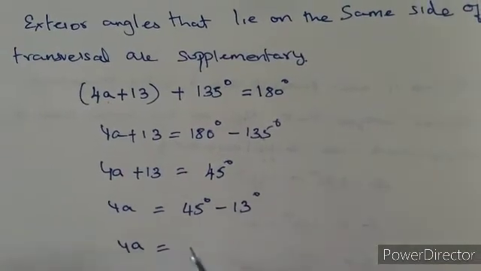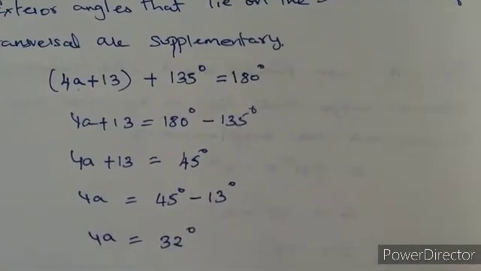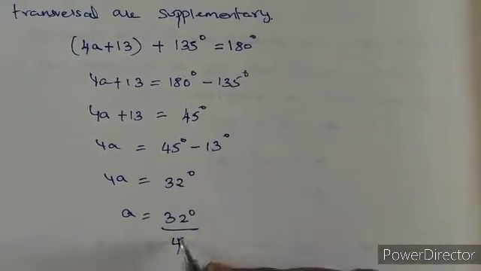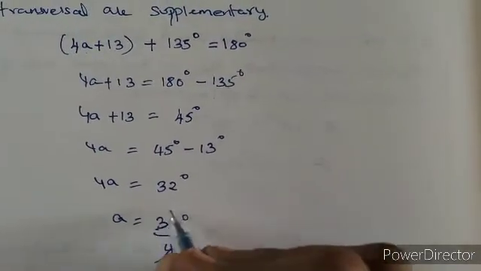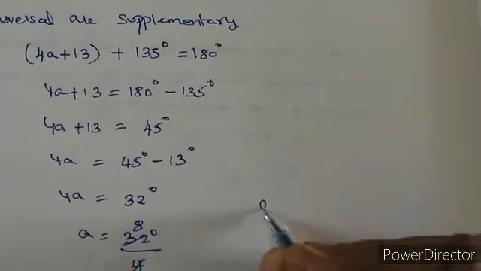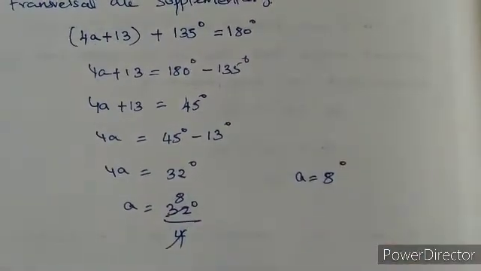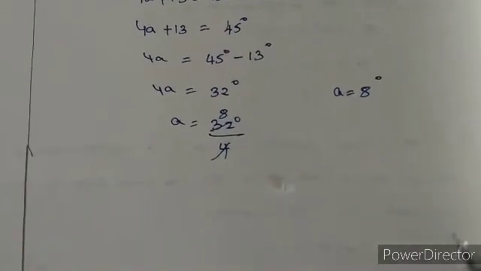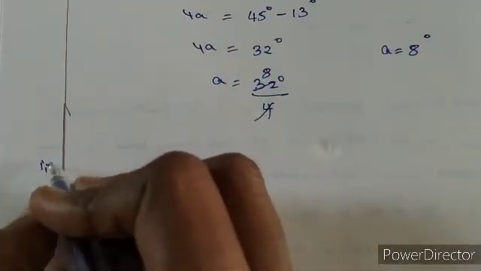So 4A equal to 32 degree and A equal to 32 degree divided by 4. If you simplify this, you will get the answer as 8 degree. So A equal to 8 degree. Understand, ma?